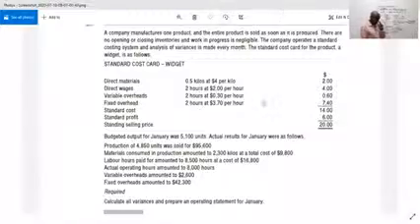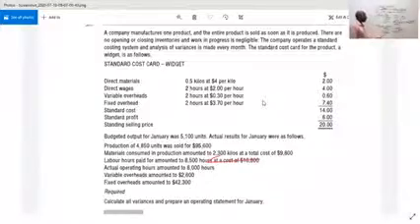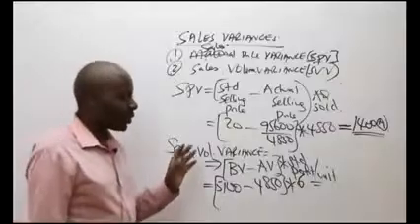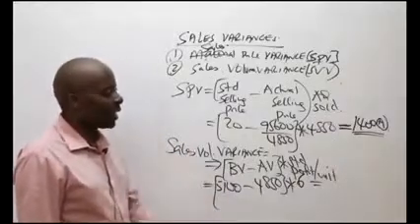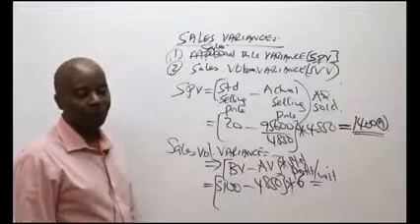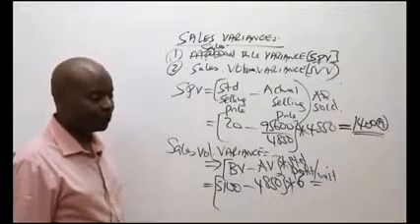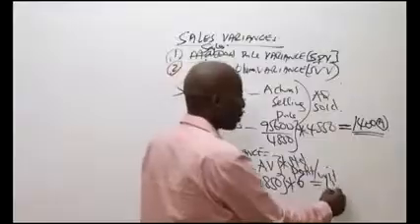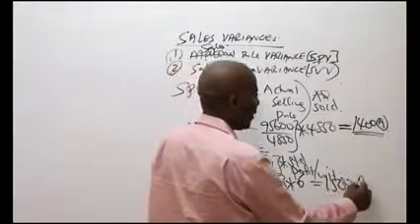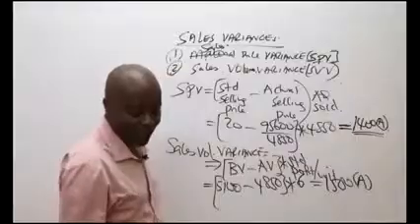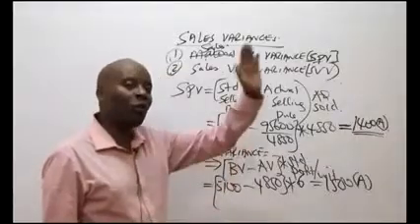There are 44. Okay, so standard profit per unit, what do we have here, somebody? 6. Thank you very much. Could you kindly give me the answer: 5,100 minus 4,850 times 6? 1,500. Adverse or favorable? Adverse. 1,500 adverse. And now that marks the end of all our variances.